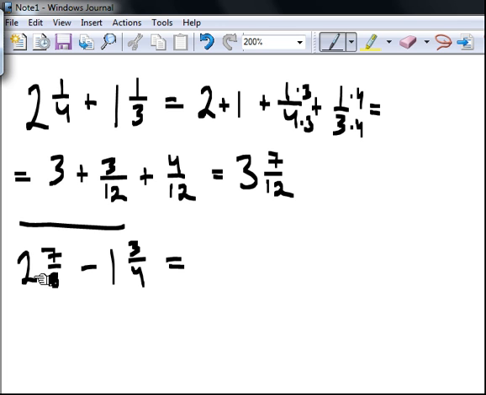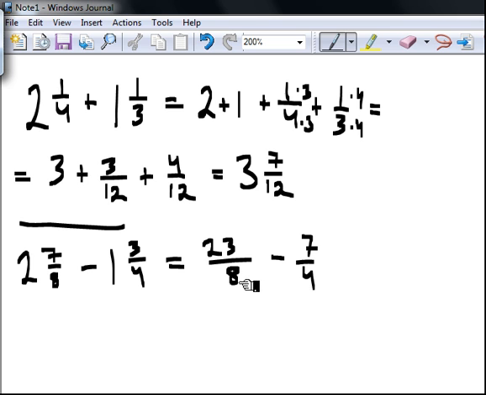So this is the same thing as 2 times 8 is 16 plus 7. 2 times 8, then plus 7. 16 plus 7 is 23. Okay? So 23 over 8. Minus, and 1 times 4 is 4, plus 3 is 7 over 4.